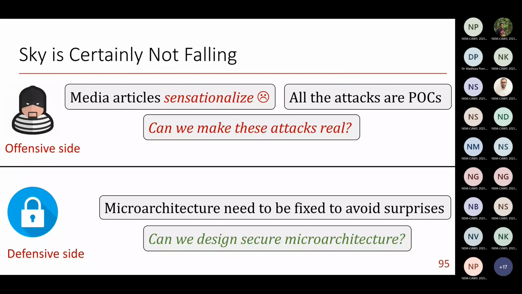So the summary of what we have discussed so far is that these are the attacks that are there, and they will be there. But as we also debated, they are not that practical compared to other kinds of attacks that are already there in the system stack.